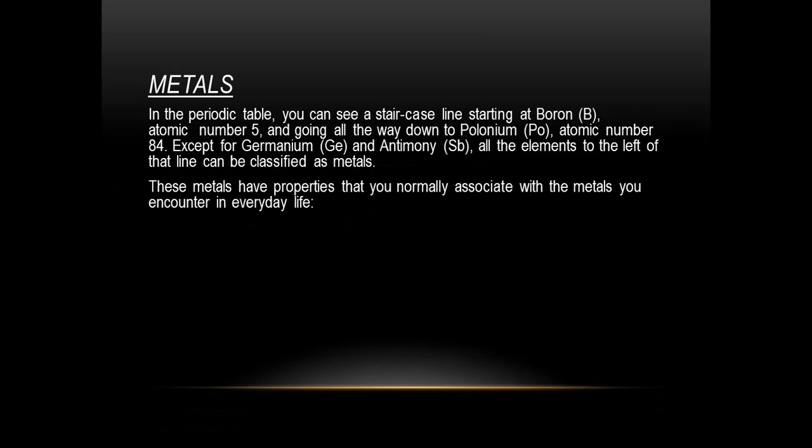Now, metals. In the periodic table, you can see a staircase line starting at boron, atomic number 5, and going all the way down to polonium, atomic number 84, except for germanium and antimony. All the elements to the left of that line can be classified as metals. So again, this is the arrangement.